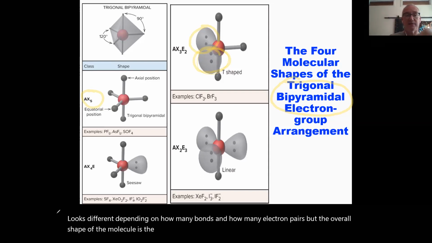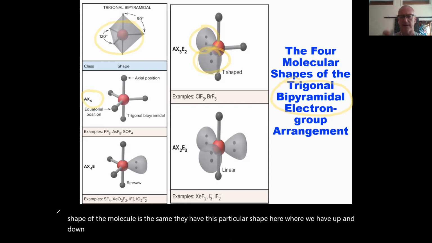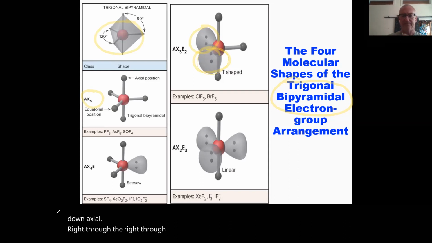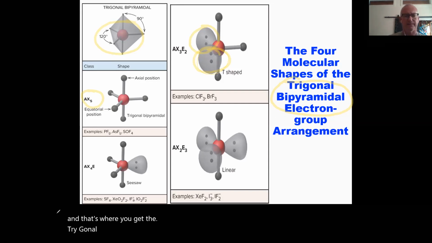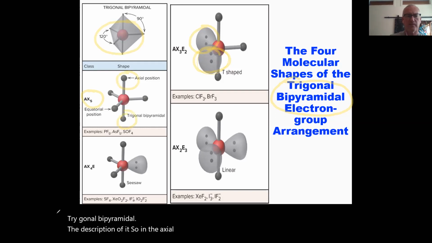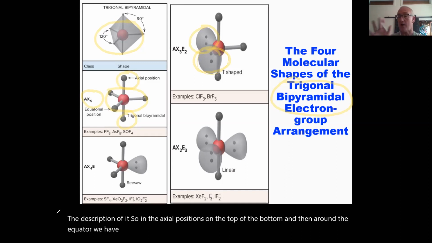They have this particular shape here, where we have an up and down axial right through the main atom, and then we have a triangle around the outside, and that's where you get the trigonal bipyramidal description of it. So we have the axial positions on the top and the bottom, and then around the equator, we have a triangle.